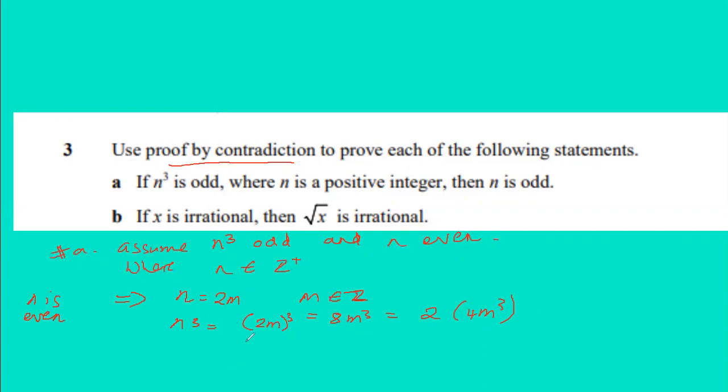So we can say, just to finish, n cubed, an element of the integers, therefore n cubed is even. So it's a contradiction. Therefore n is odd.